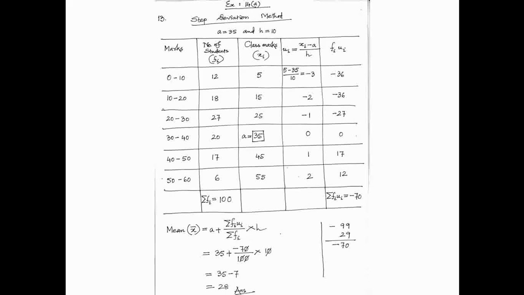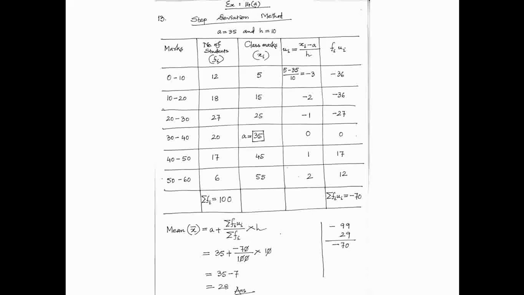Then, after getting all the values of fi ui, you have to add, that is sigma fi ui. So here I am adding all the negative values. What you have to do? Already you have this type of sums in class 6, 7. You have to add. So I have added all the negative values and got minus 99.